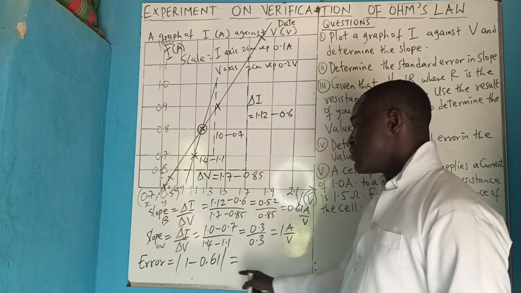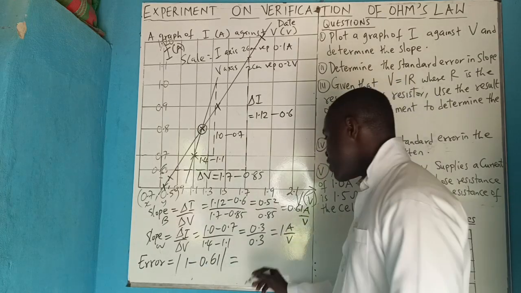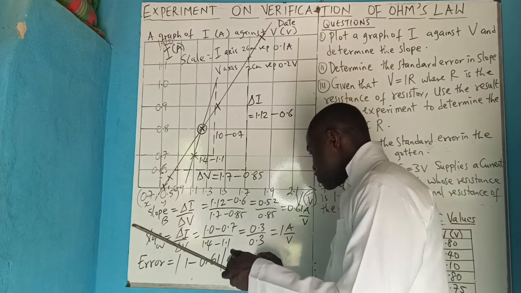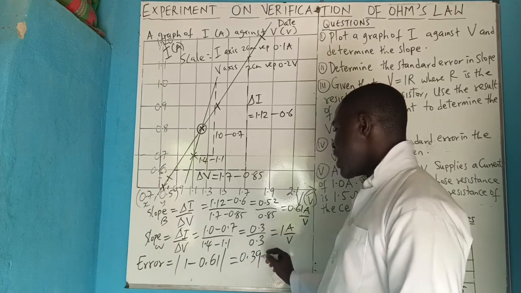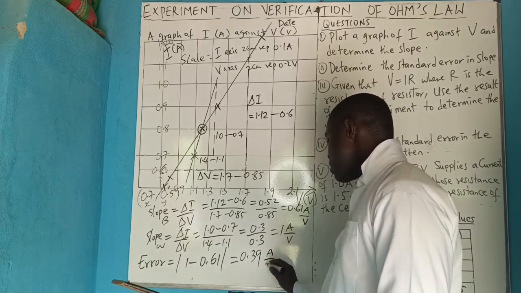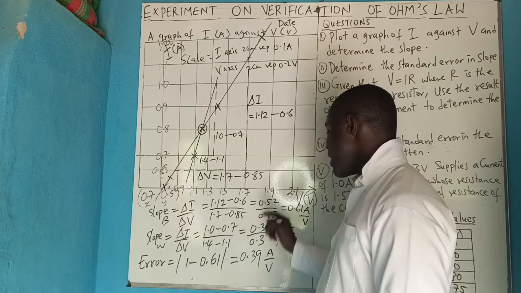If the difference is negative, take the modulus. Now make it to be positive. That will be equal to 0.39. That is the error in the slope. We have gotten the error in slope and the slope.